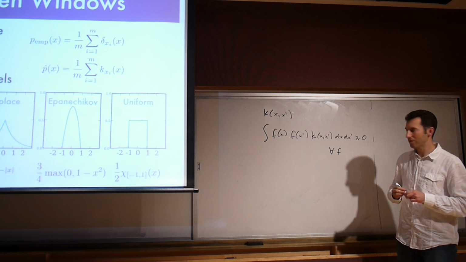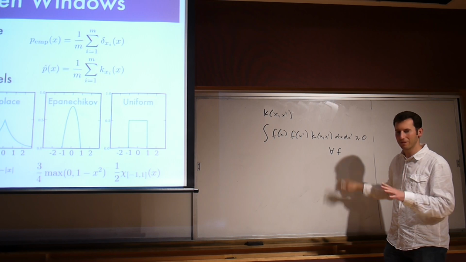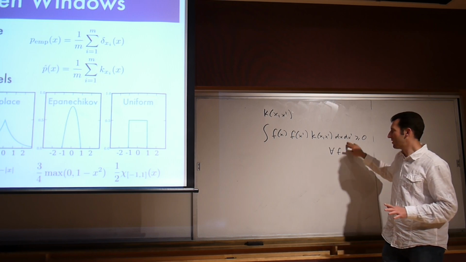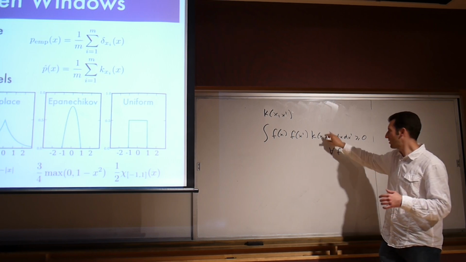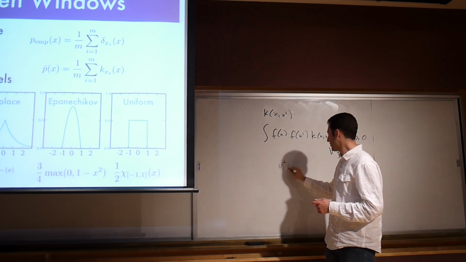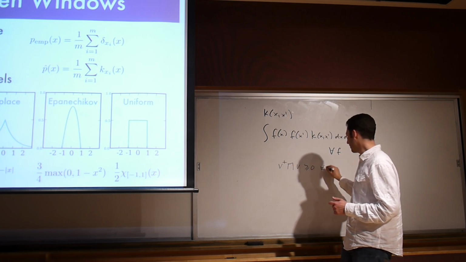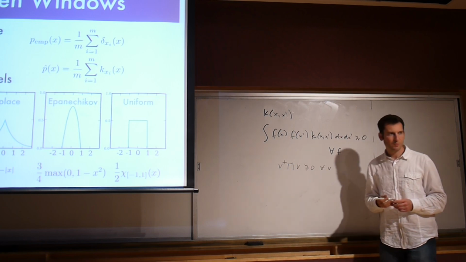There are various conditions that you can impose on the measure on the space and so on. But essentially, this is the operator version of requiring that v transpose M v is greater or equal than 0 for all v, which you've probably seen before.